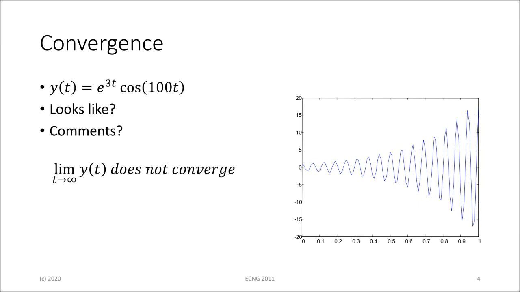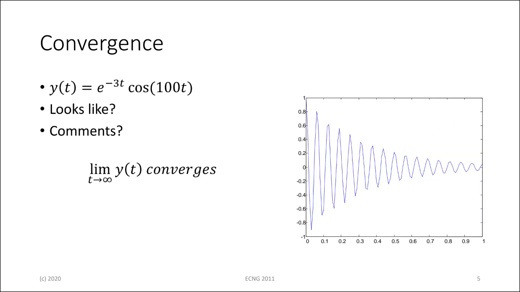What you say in a situation like that is that the limit of y(t) as t goes to infinity does not converge. It does not come down to an answer, right? So if you evaluate the limit of y(t) as t goes to infinity, you're not going to get an answer. It's not going to come down to something tangible.